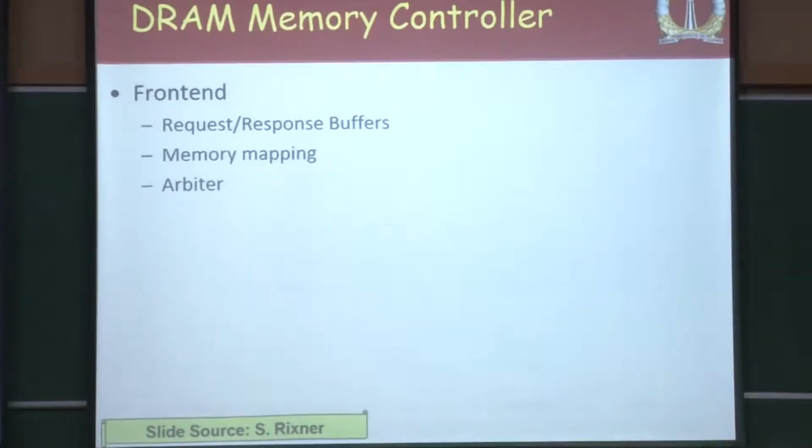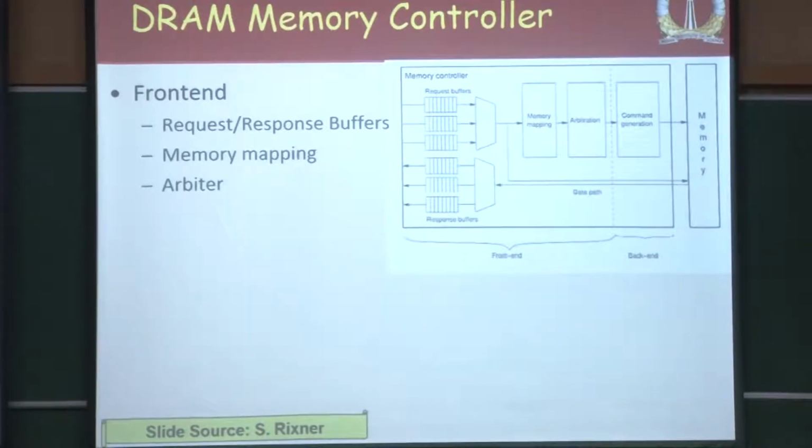Here are some more details of the DRAM memory controller. The memory controller essentially is going to have a set of request buffers and response buffers. Every time there is a memory request, it gets queued in these, and then the memory controller takes these requests, finds out when it will be ready to send a command and what command it has to send, generates the command, and sends it to the memory.